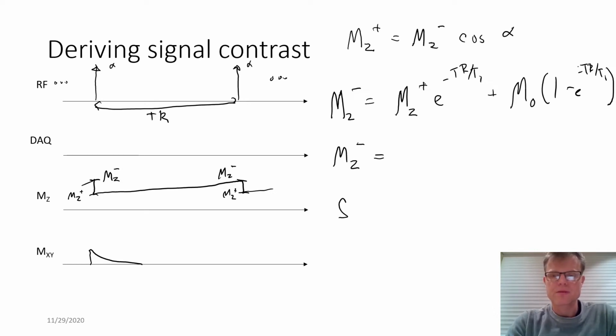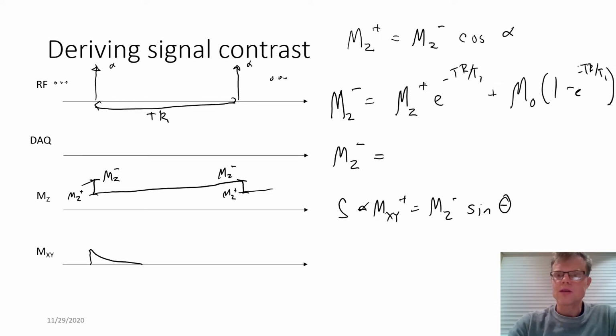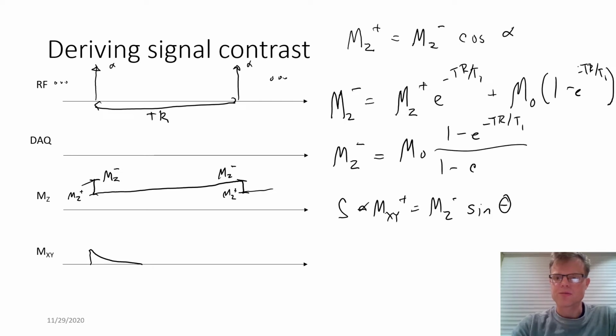Our signal is going to be proportional to MXY, which is what's after the RF pulse, and will equal MZ minus times the sine of alpha.